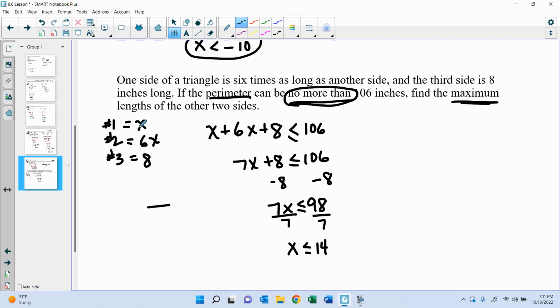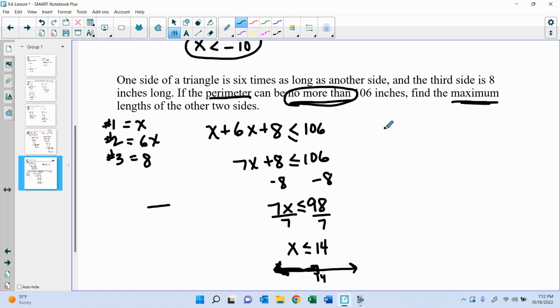So if side number 1 is x, x at most is 14, because this says x is less than or equal to 14. So if I have 14 on here, I'm including it, and x is anything less than that, so to the left. So the biggest, the maximum is 14.